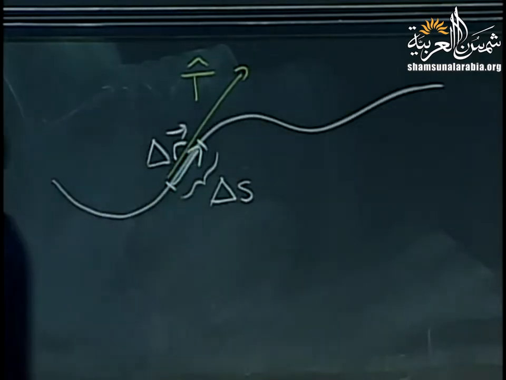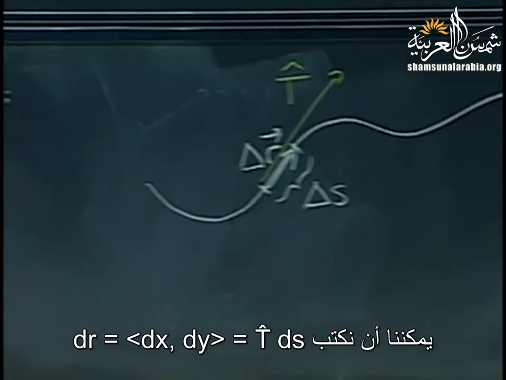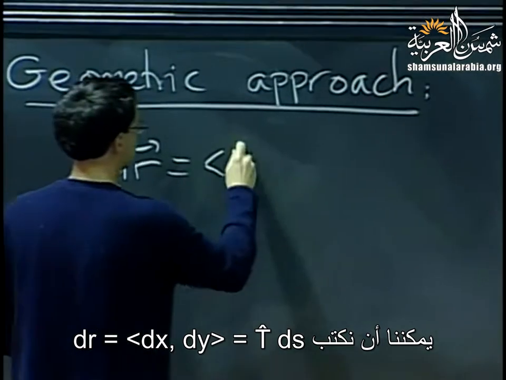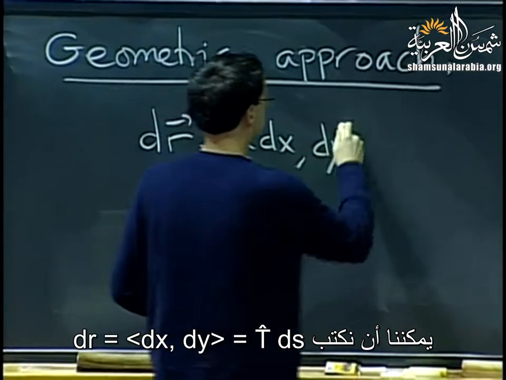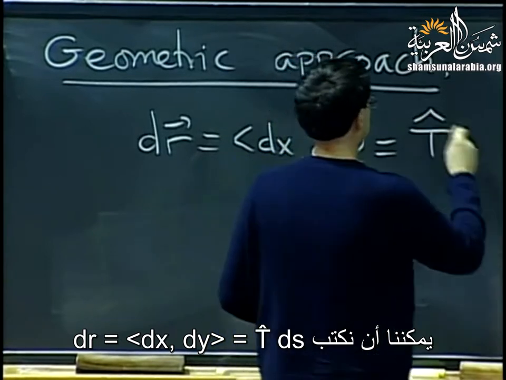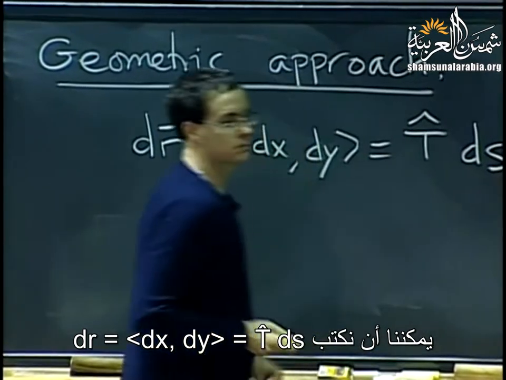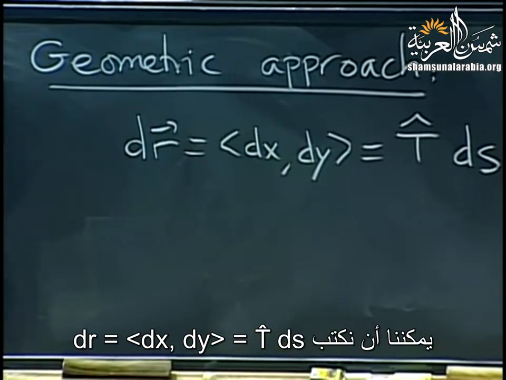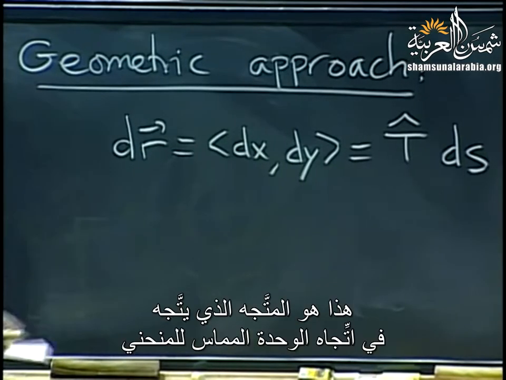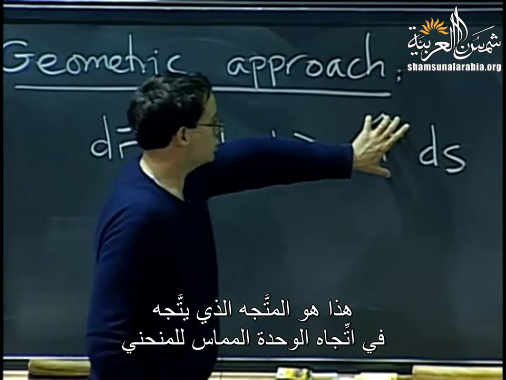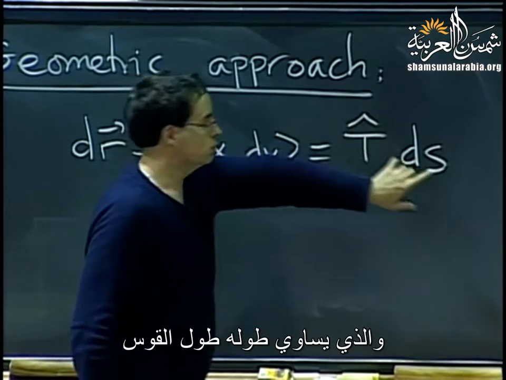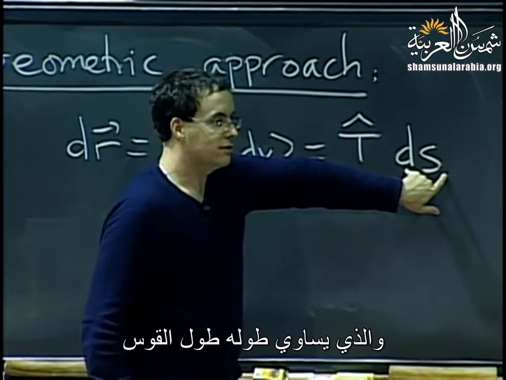So we can write vector dr. So we said it's dx, dy, but that's also t times ds. It's a vector whose direction is tangent to the curve and whose length element is actually the arc length element.